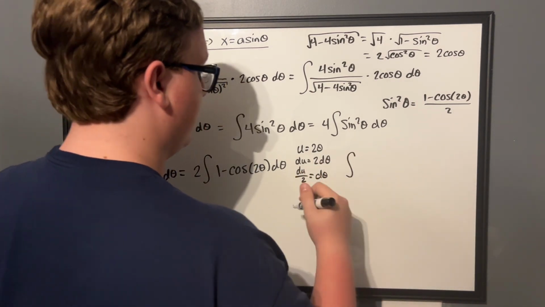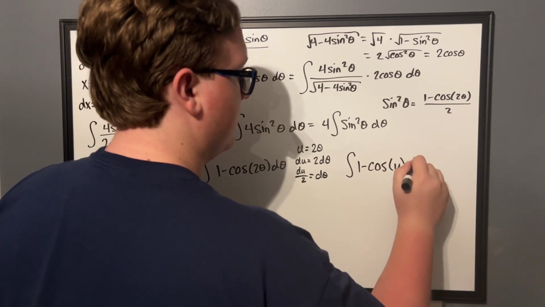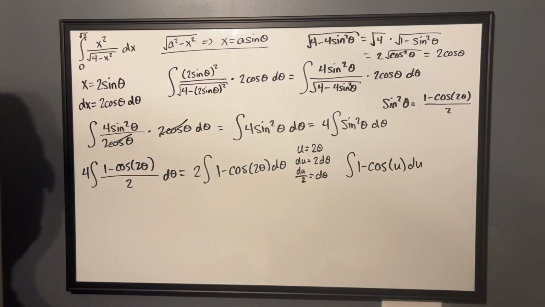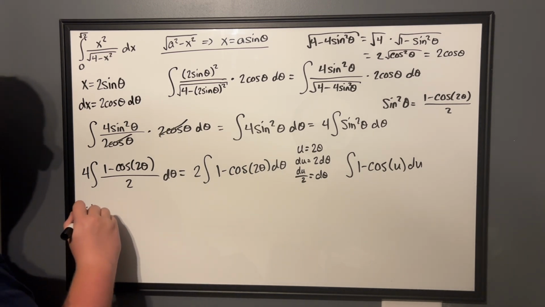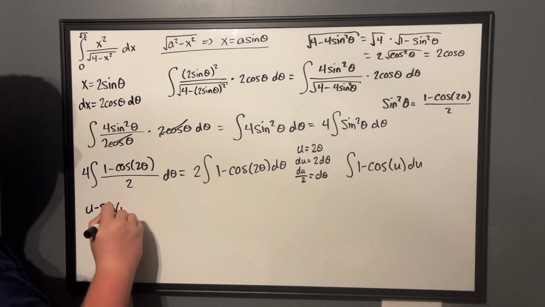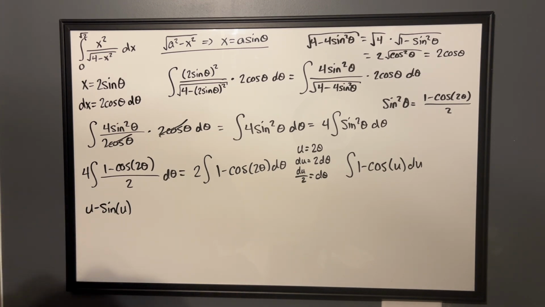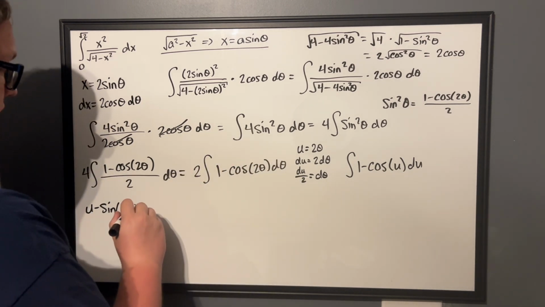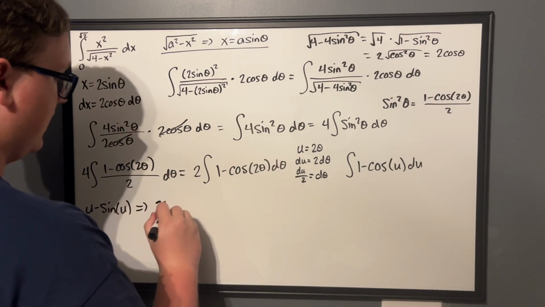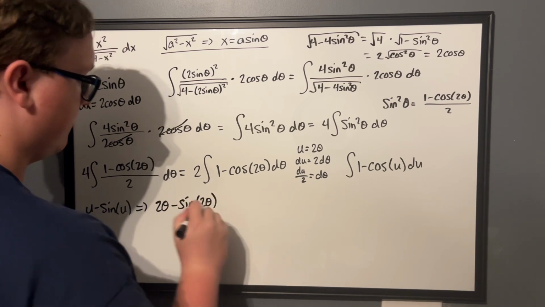It's going to be the integral of 1 minus cosine of u du. And this is actually very easy to integrate because this is just going to be u minus sine of u, right? Because the integral of 1 is u and the integral of negative cosine is negative sine. So this is how this works out, but remember that u was 2 theta. So this is going to be 2 theta minus sine of 2 theta.